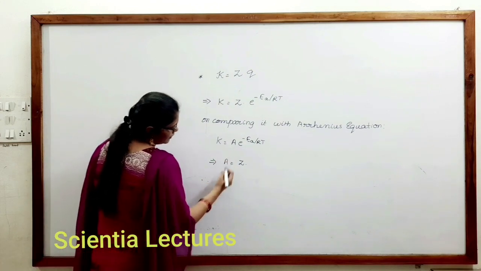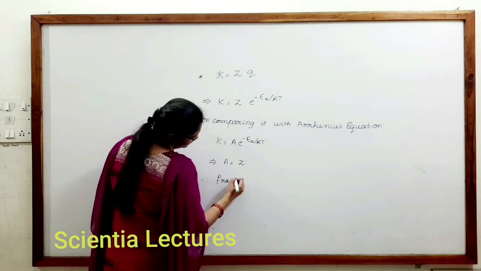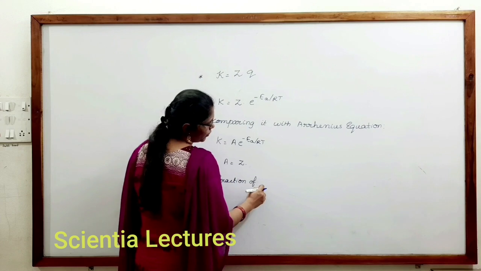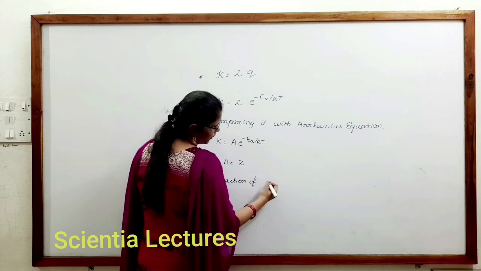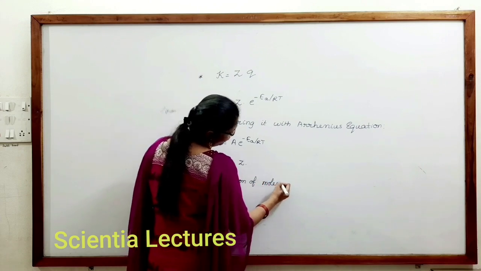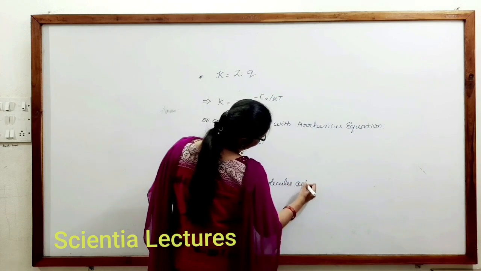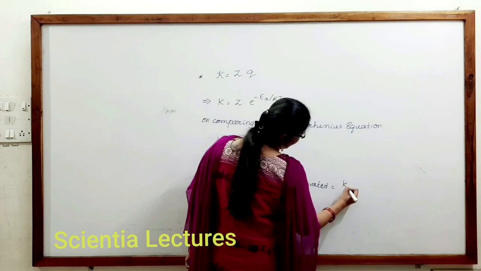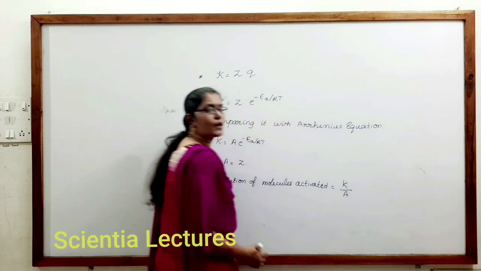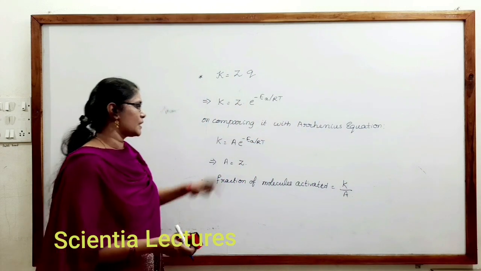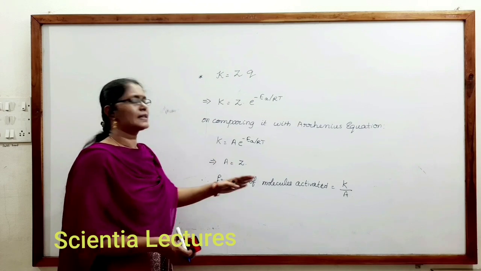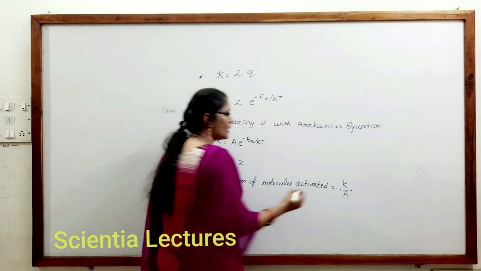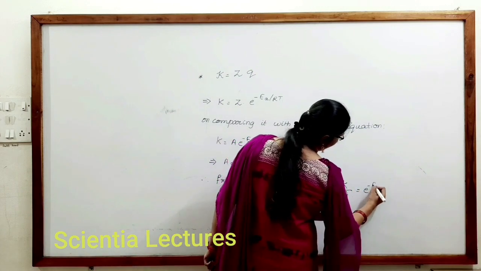Therefore, the fraction of reacting molecules converted into products, or fraction of molecules activated, can be taken as K by A also, instead of only K by Z. If Z is given, we will take K by Z. If A is calculated, we can take it as K by A, which is of course equal to e power minus Ea by RT.